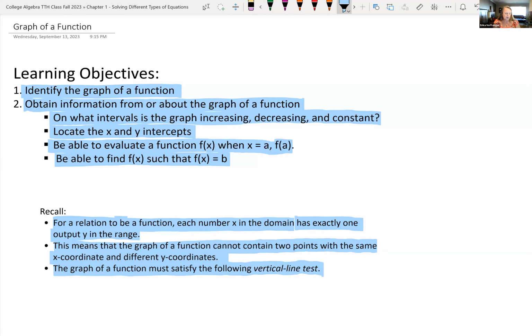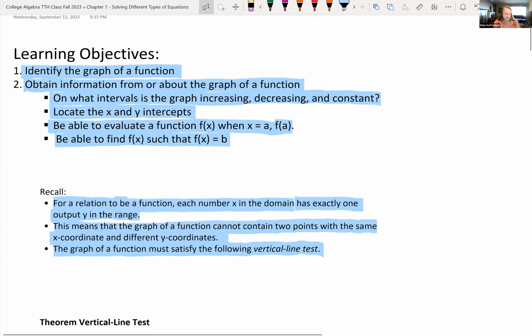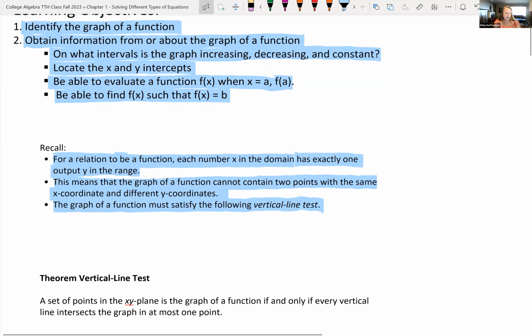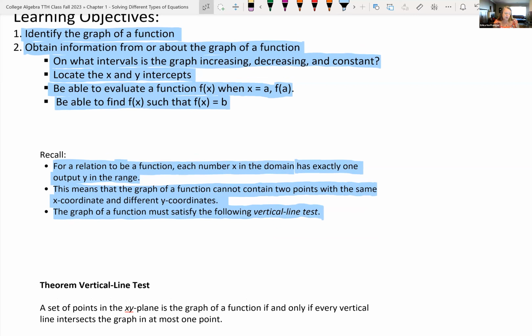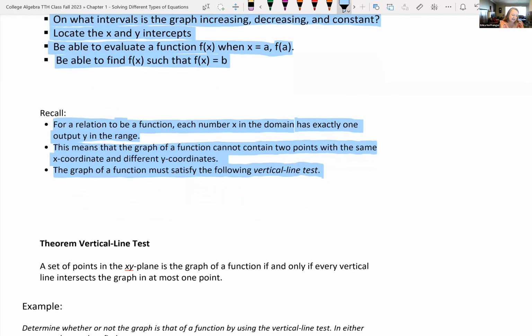Okay, well, what is the vertical line test? There's a theorem, the vertical line test, and it states that a set of points in the xy plane is a graph of a function if and only if every vertical line that you can draw on the graph intersects the graph in at most 1 point.